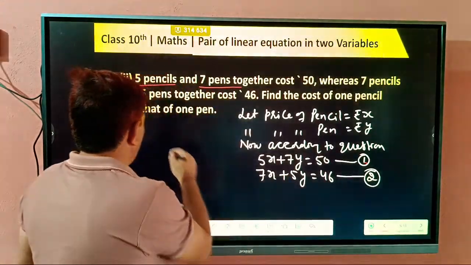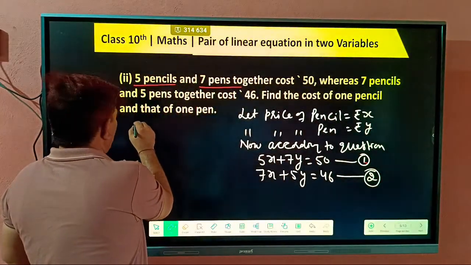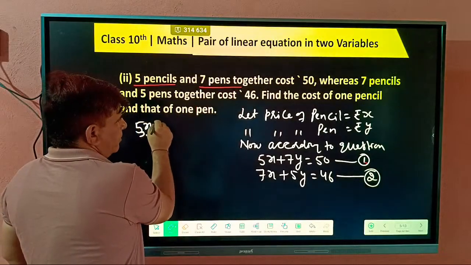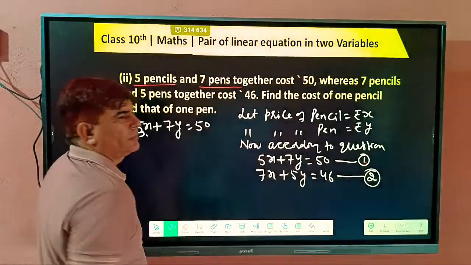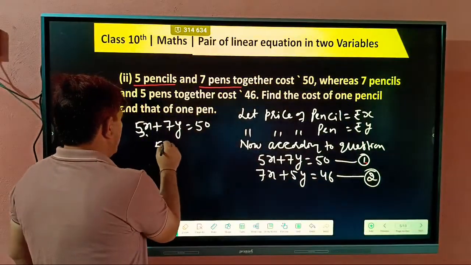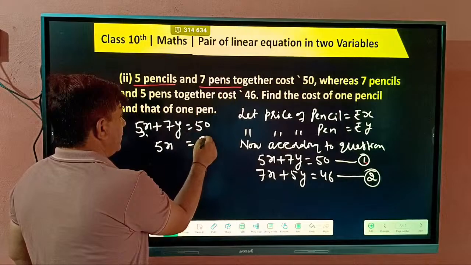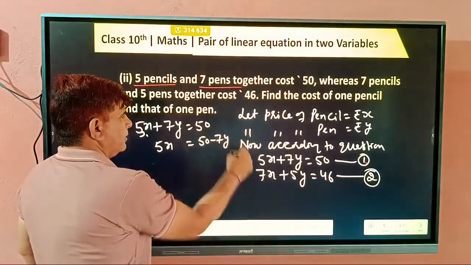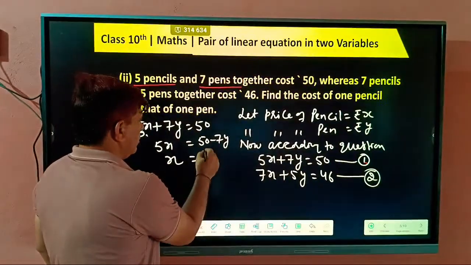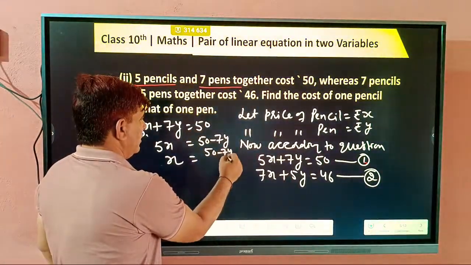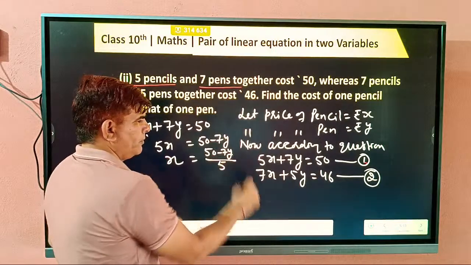So the first equation we have taken: 5X plus 7Y equal to 50. Understood? So 5X is equal to 50 minus 7Y. The substitution method also says this. So X is equal to (50 minus 7Y) by 5.